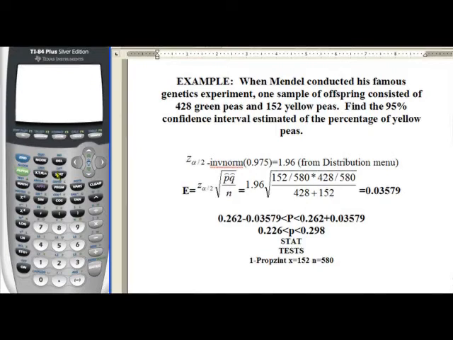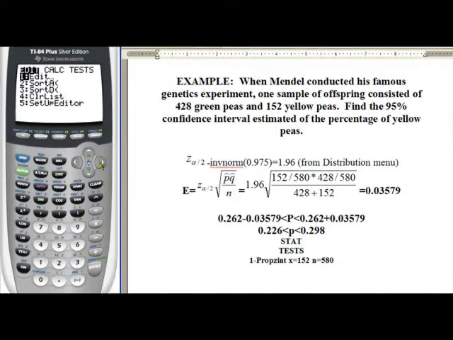The inverse norm is going to be under distribution. You're going to hit inverse norm, and then since it's alpha over 2, with 95% you have 5% totaled up on both sides, so that's 2.5%.